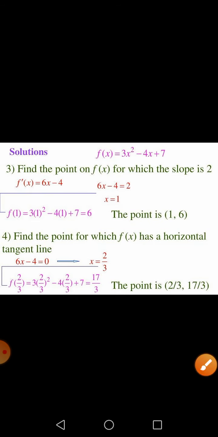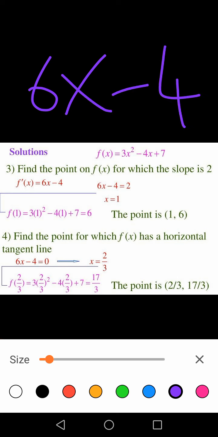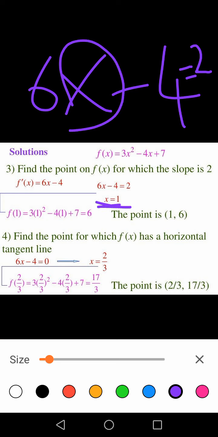Okay, so I will substitute with the derivative rule, 6x minus 4, which I solve first, equals 2. Solve to get x. Once you get x equals 1, you will substitute in the original function to get the value of y, or f(x), as he wants from me.